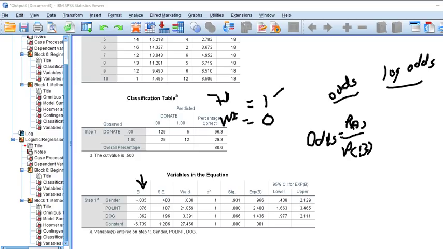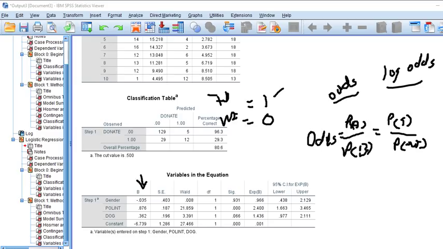So we can form an odds for each case as the ratio of the probability of that case falling into the target group, the intention to donate, over the probability of not falling into that group. Essentially, it's P of T over P of not T. That's what odds are.